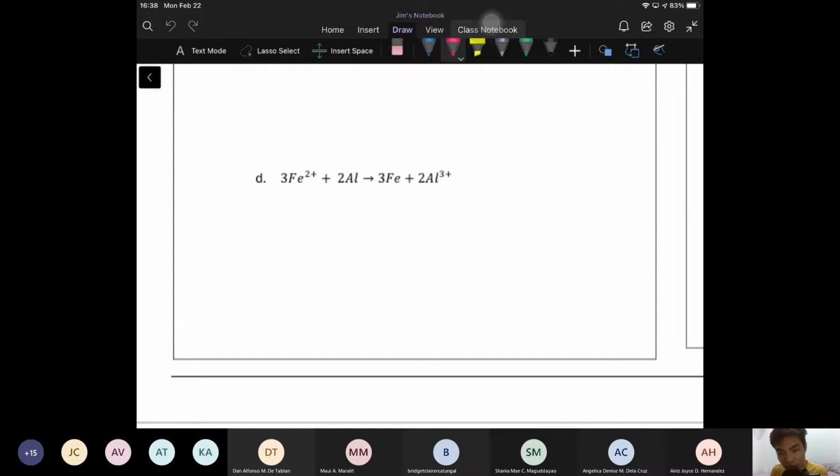As I told you in the video last time, you must identify which of the chemical species undergo reduction or oxidation. By just observing the equation, you should already have that mentally. By just looking at the equation, we can see that aluminum undergoes oxidation.